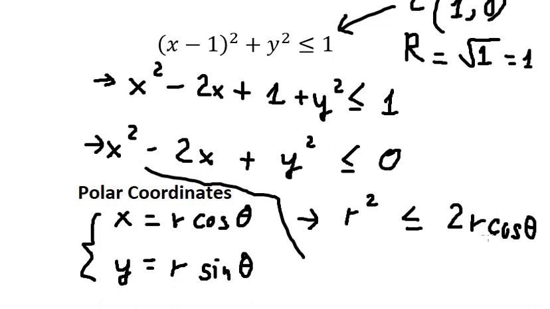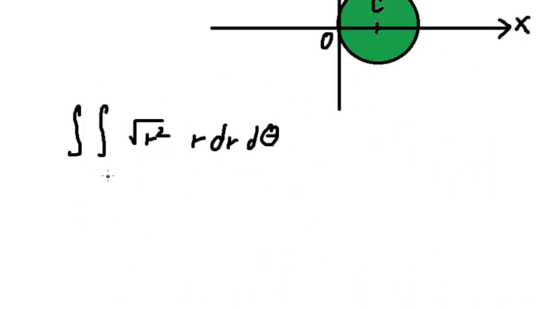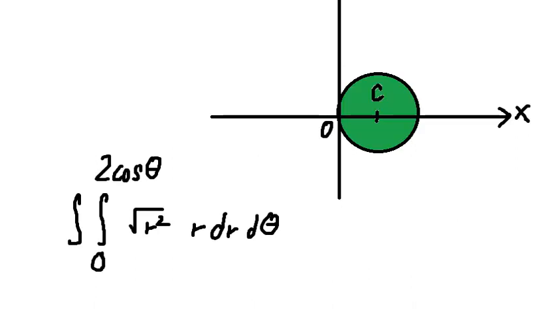Now we simplify r for both sides. So we can see that r is less than or equal to number 2 cosine theta. So the bounds of this one should be from 0 to number 2 cosine theta.